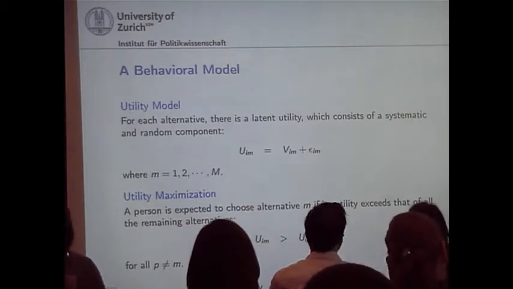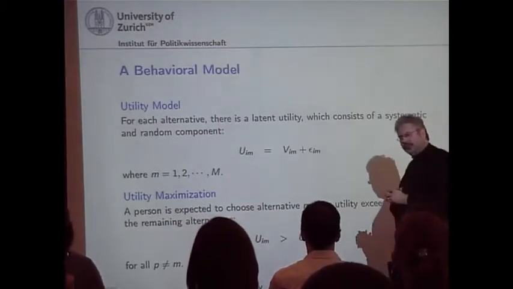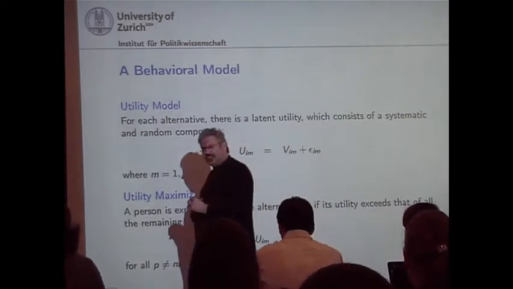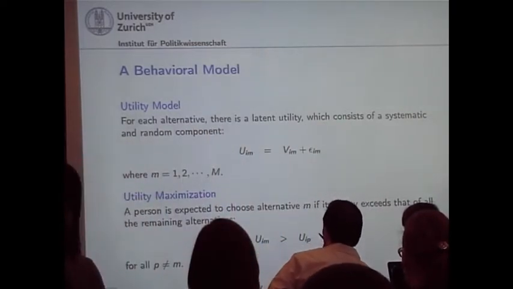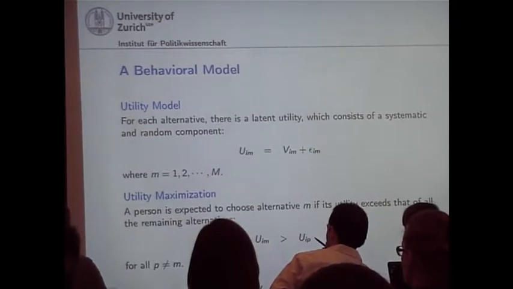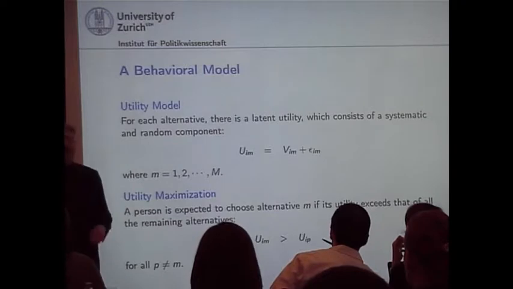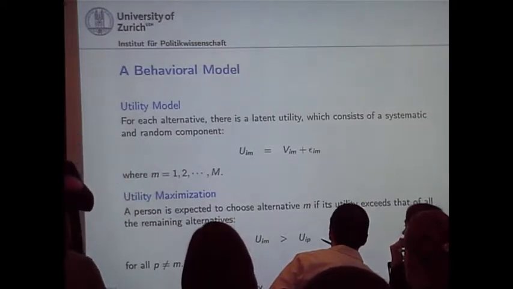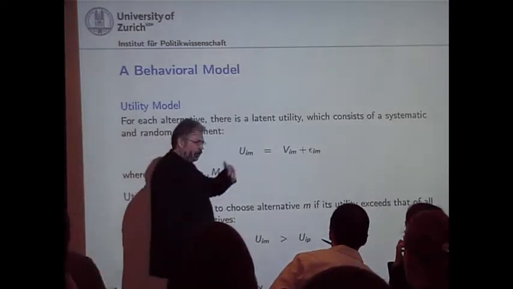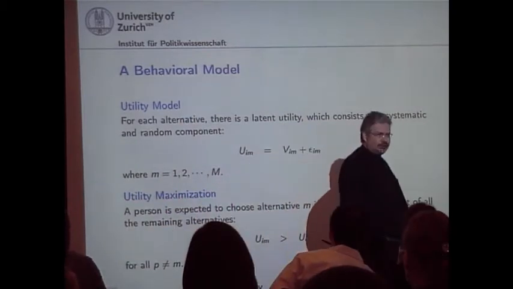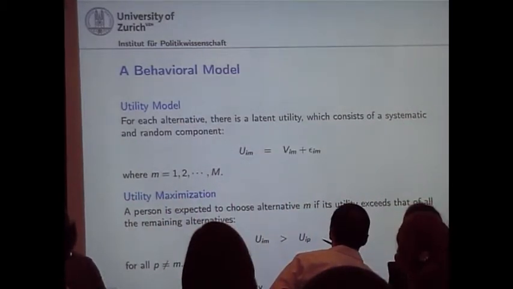You might also give a bit more of a psychological interpretation to it and say, well, maybe even the decision maker, the voter him or herself, is not fully aware of all the things that influence their utility towards, say, Labour. There are certain things they are aware of, and other things they may not be aware of. If you want to be Freudian about it, they reside deep in the unconscious of the individual.